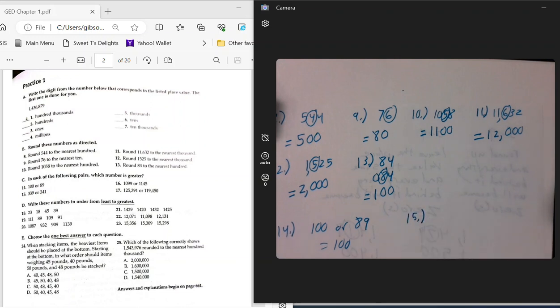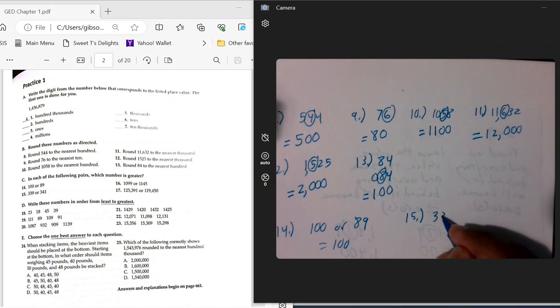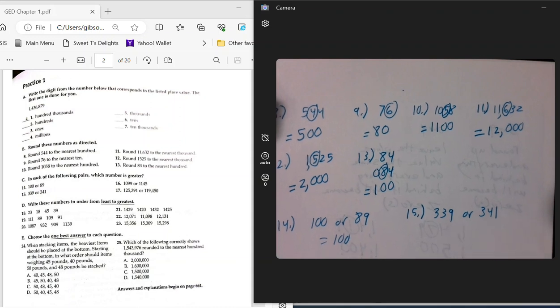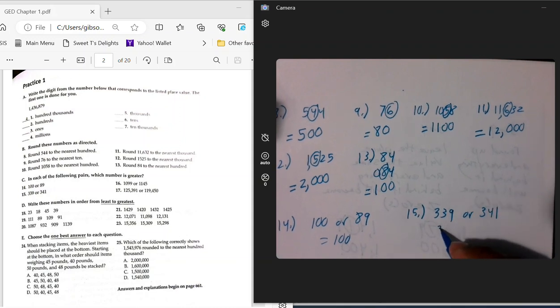With problem 15, we have 339 or 341. Now this is where I would want you all to do just some comparison. So what you could do is line both of these numbers up. You have 339 over 341. And since they have the same amount of digits, we'll first start with the highest place value, which is the hundreds place. We got the same numbers in the hundreds place, which is the 3s.